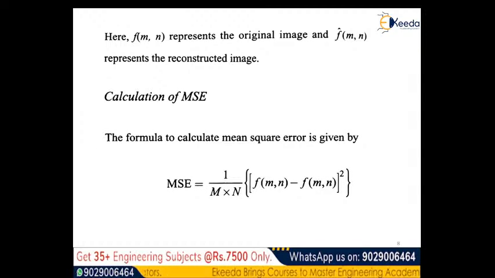Now in this problem, the matrices represent the original image and the reconstructed image. So we can substitute capital M and capital N both equal to 4. Substituting into the earlier formula, we first compute the mean square error, which will help us compute the intended PSNR, peak signal to noise ratio.